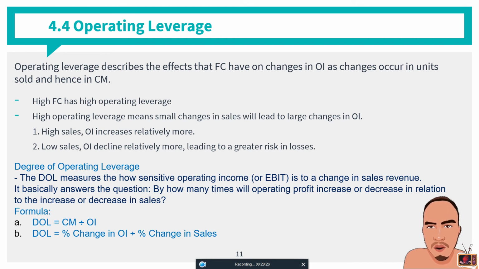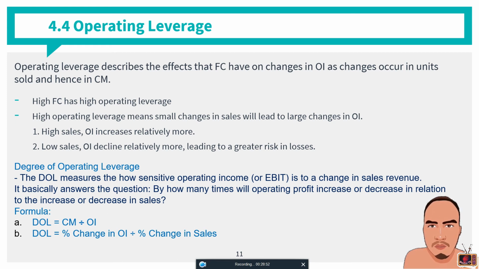High operating leverage means small changes in sales will lead to large changes in operating income. So whenever you have high sales, operating income increases relatively more.